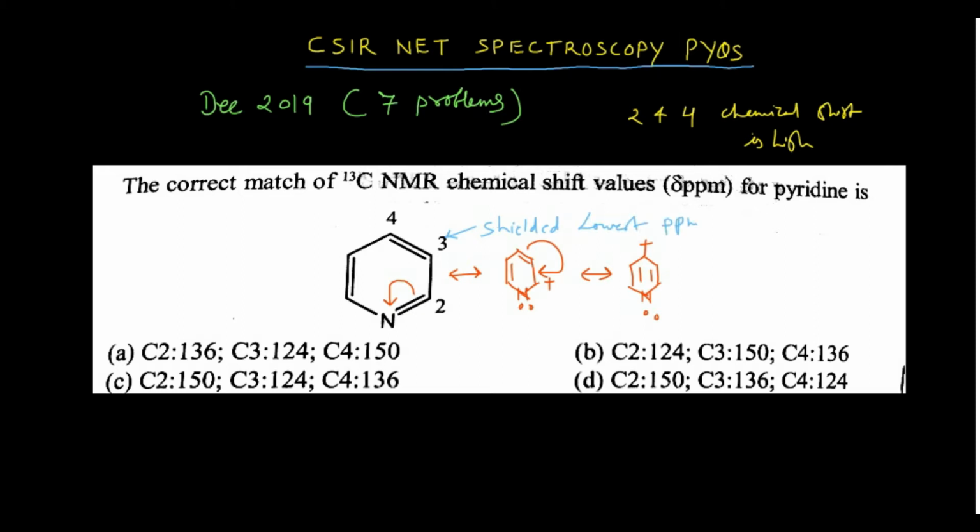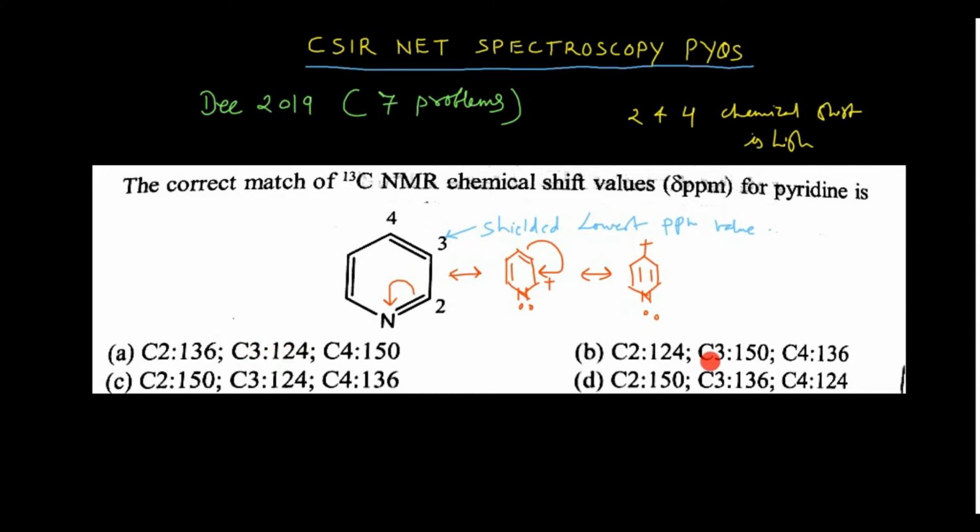So we will check in the options where carbon number 3 has the lowest value. Here you see 136, 124 and 150. The lowest value is 124 for C3, so A could be your answer.